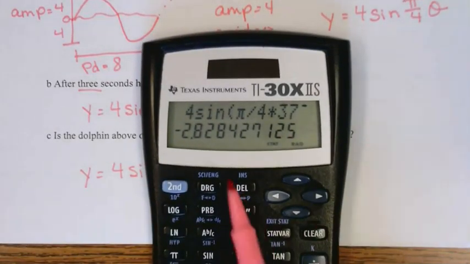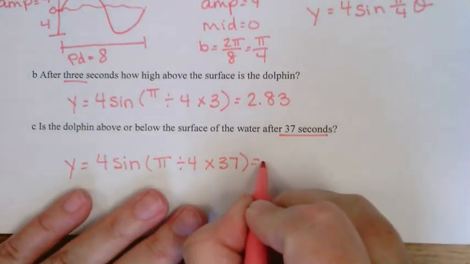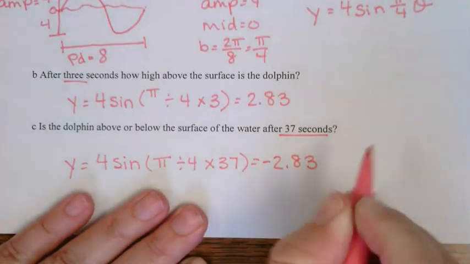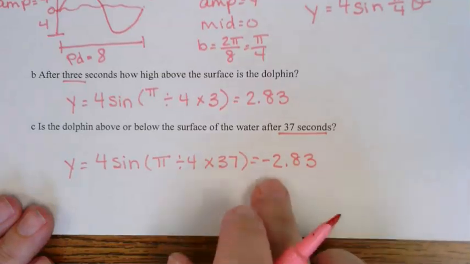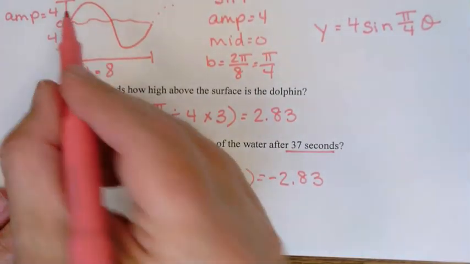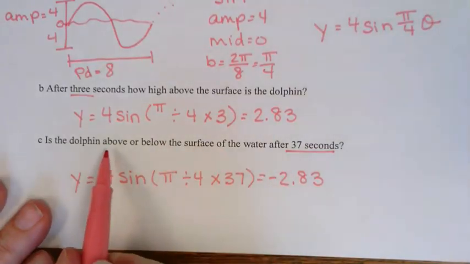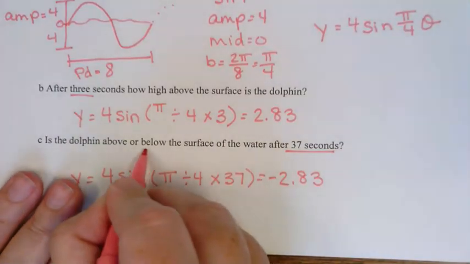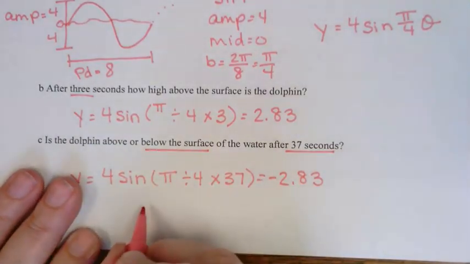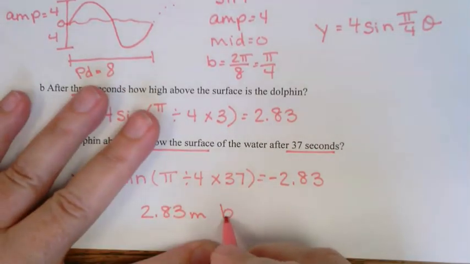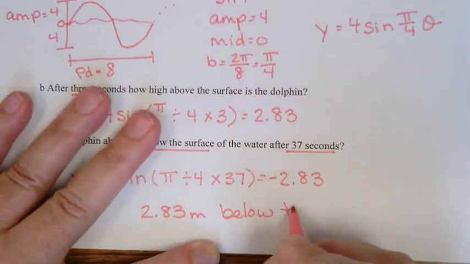And you see, we get a negative value, roughly negative 2.83. And the question is, first off, is that okay? And the answer is yes, because remember this is 0. Does that mean he's above the water or below? Because it's negative, he's going to be below the surface. So he's going to be 2.83 meters below the surface.